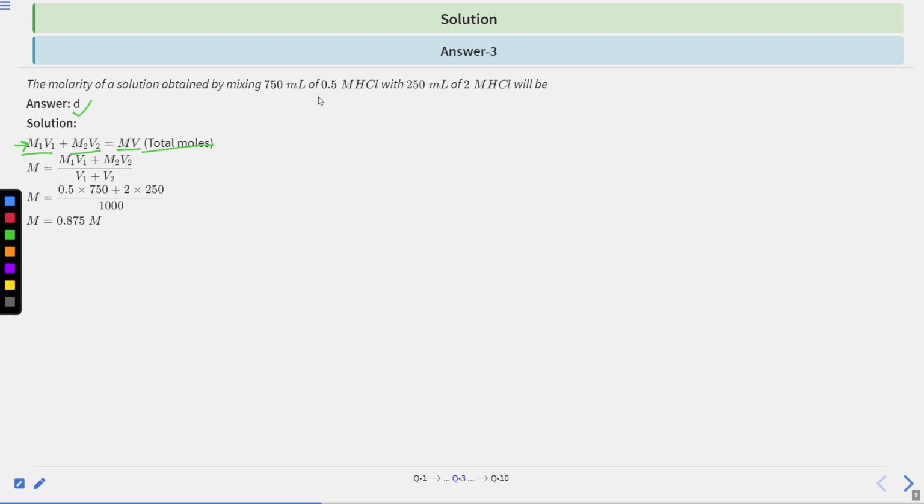On putting the values, molarity is 0.5 into 750, the first solution volume, plus 2 molarity and 250, the volume of the second solution, divided by 750 plus 250, that is 1000. On solving, molarity is coming out as 0.875 molar. This is the same value given in option D, so option D is the correct answer.